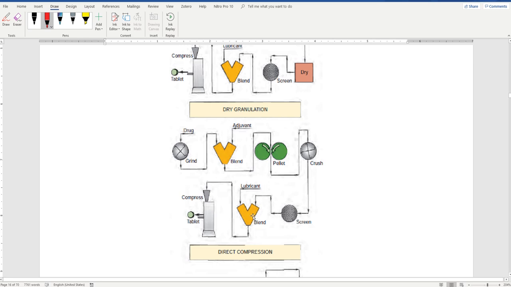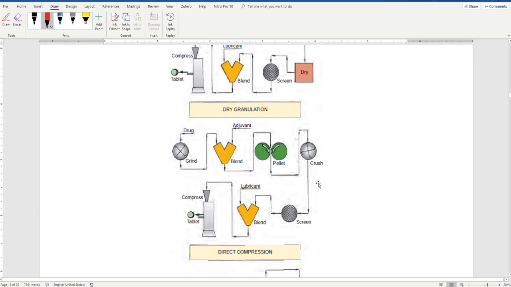And then, as I said, if you did not add the whole disintegrating agent here, then you can add part of it in this step. And the last thing is that you add lubricant such as magnesium stearate, and the last step is to compress them into tablets. Okay, this is the dry granulation.